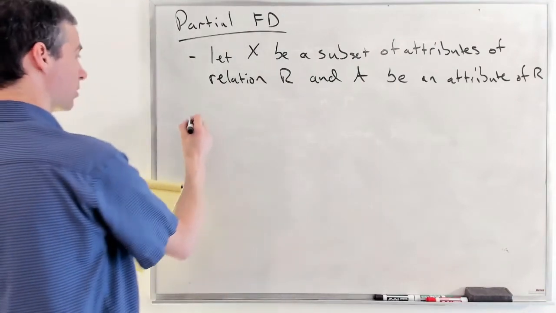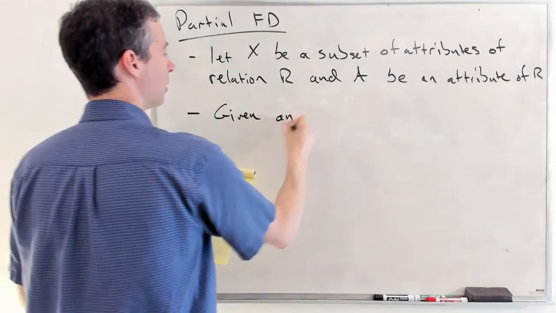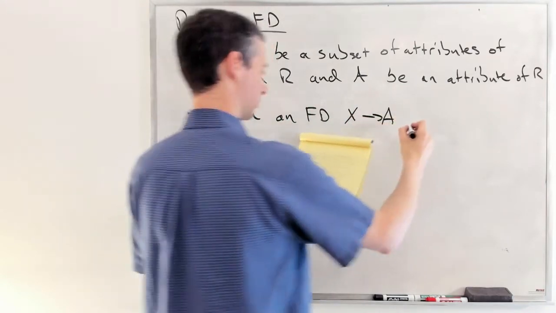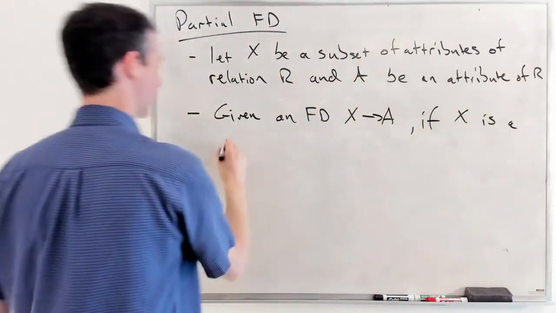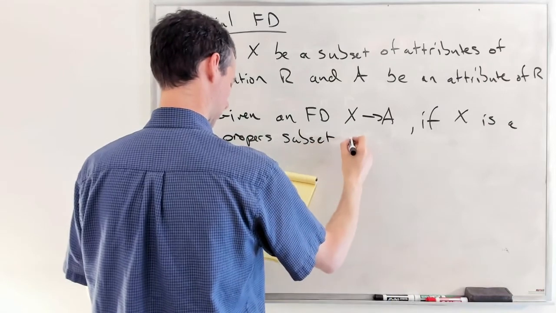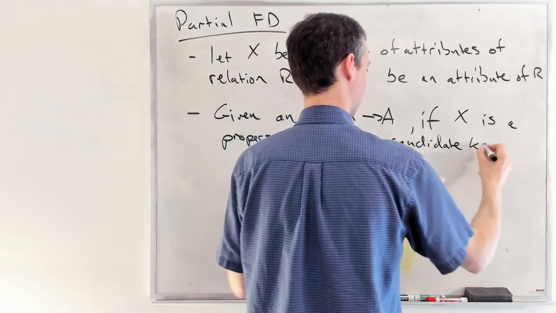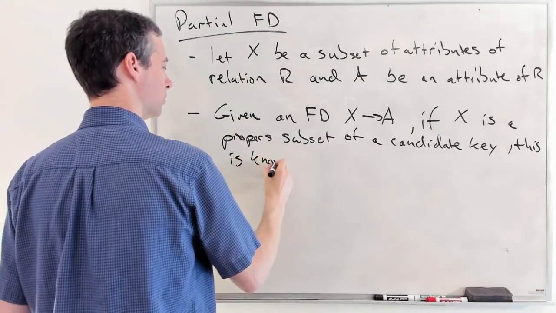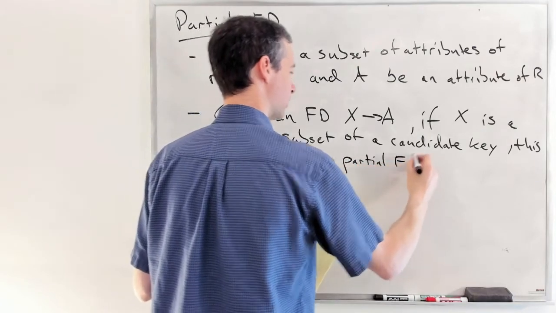So what is a partial functional dependency? Given a functional dependency, X determines A, if X is a proper subset of a candidate key, this is known as a partial functional dependency.